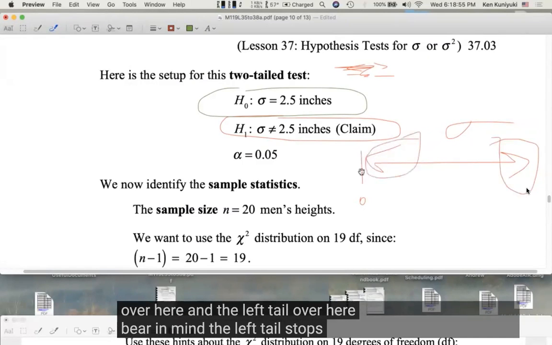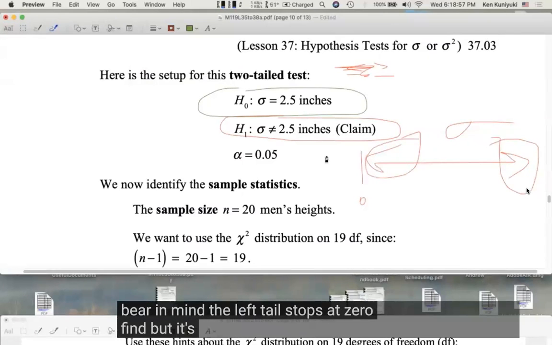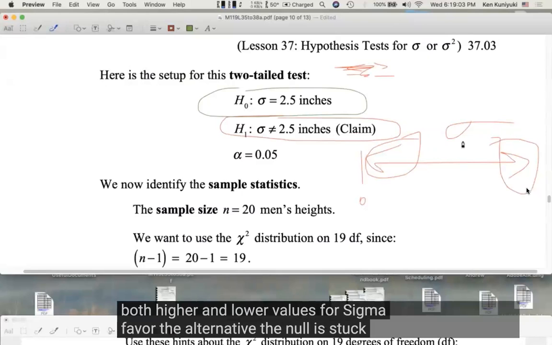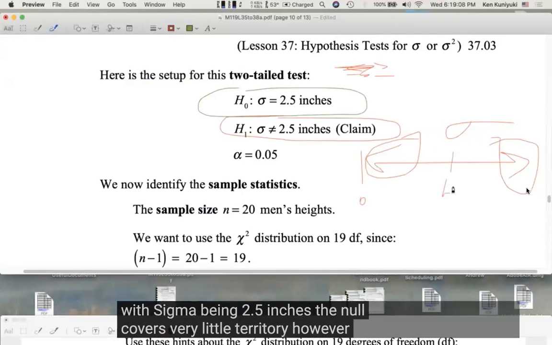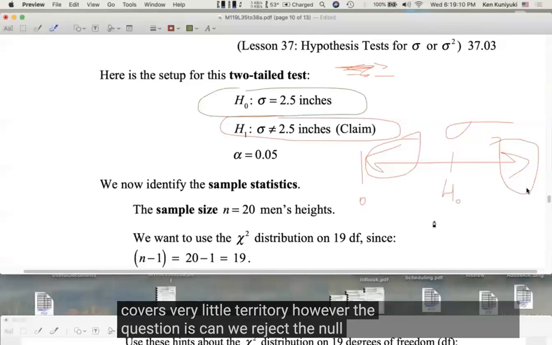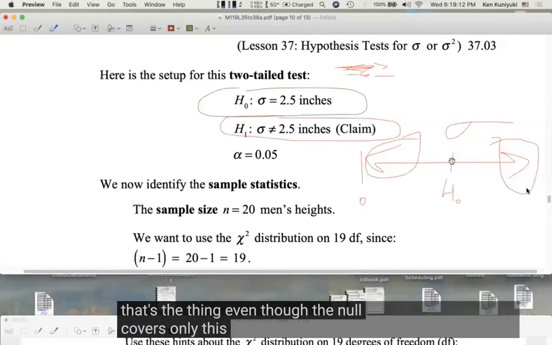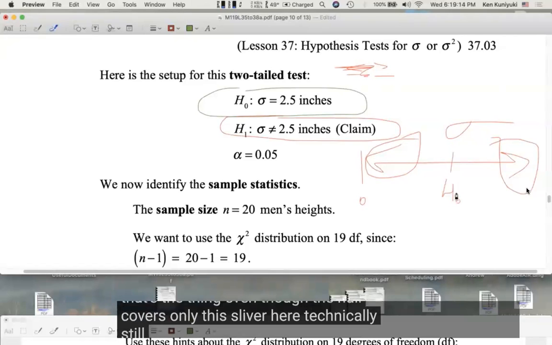Bear in mind, the left tail stops at 0, fine. But it's a two-tail test because both higher and lower values for sigma favor the alternative. The null is stuck with sigma being 2.5 inches. The null covers very little territory. However, the question is, can we reject the null? Even though the null covers only this sliver here, technically, still the question is, do we reject the null or not?